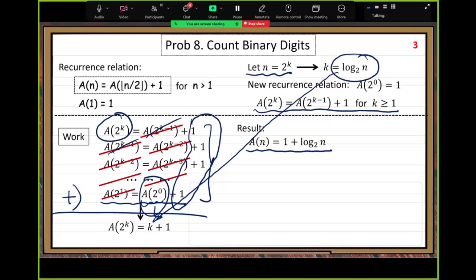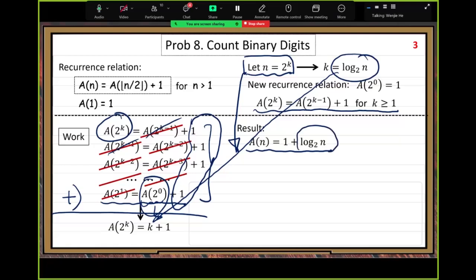But we need to go back to our assumption, because we only have this result when n is a power of 2. If n is not a power of 2, can we still use this formula? No. Because if n is not a power of 2, look at this term.